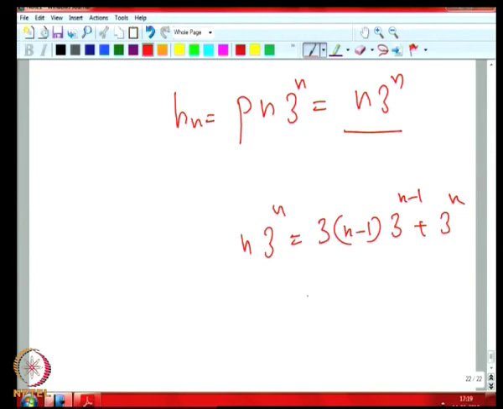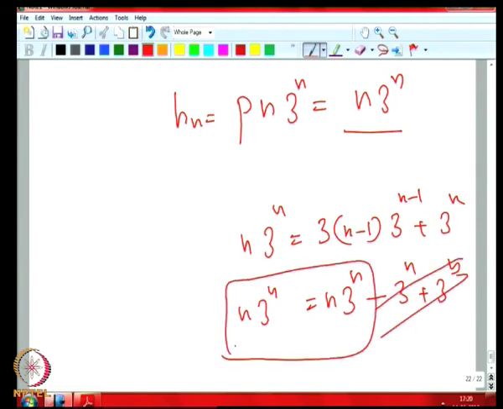So, this is n into 3 raised to n here minus 3 raised to n plus 3 raised to n. So, here n into 3 raised to n equals n into 3 raised to n, this is true, this is indeed correct. So, n into 3 raised to n is indeed a particular solution.